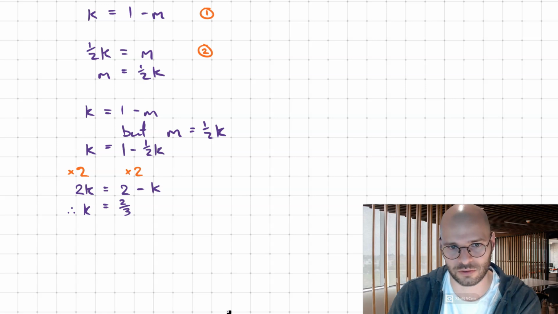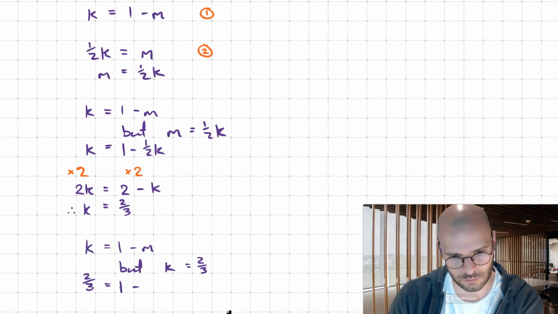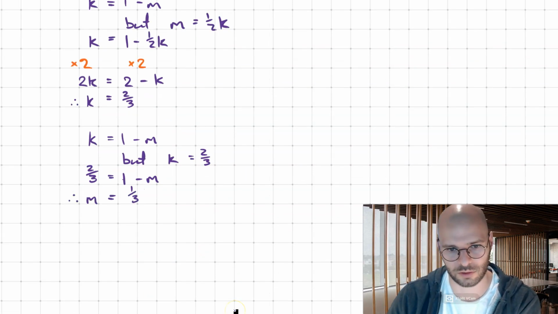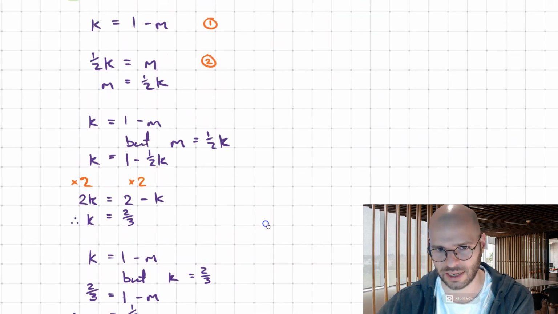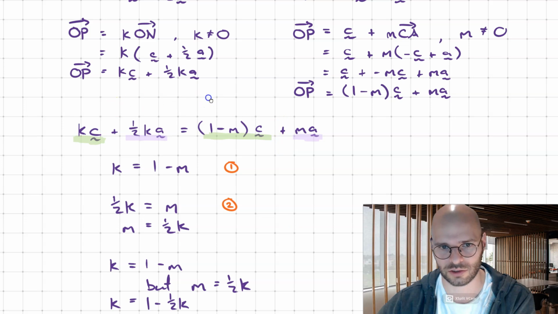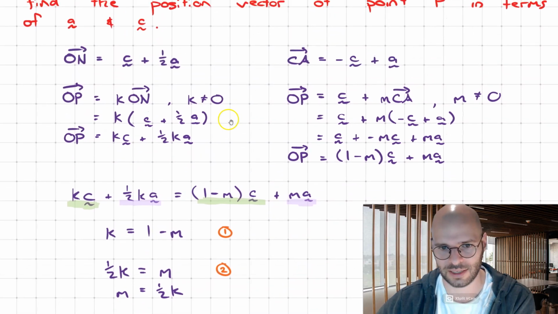Since I know the value of K, I can now solve for the other one. So let's go. M is 1/3. So now we have the two values that define our equations over here. Next, what we need to do is sub the values of K or the values of M to find the definitive value for the direction vector for point P. We can do this one or that one, it doesn't matter.